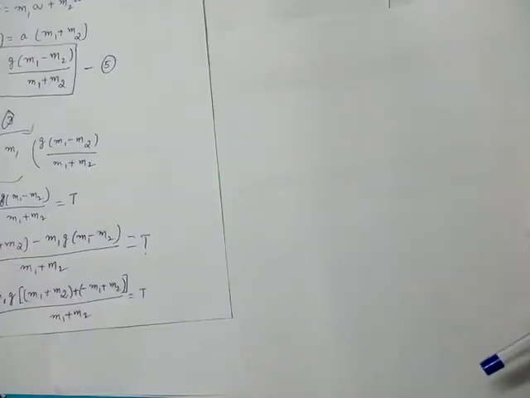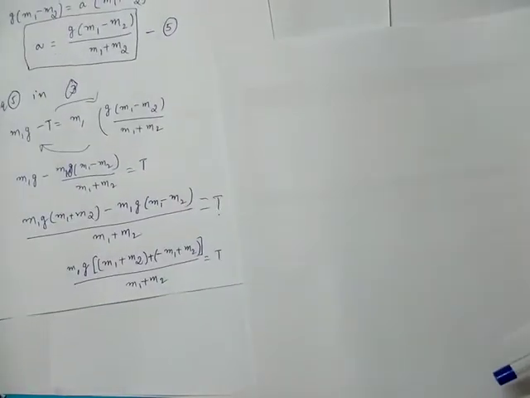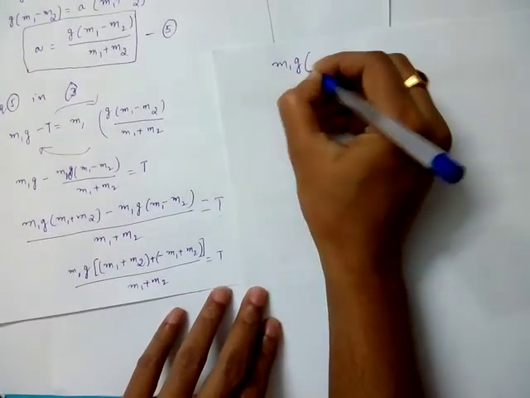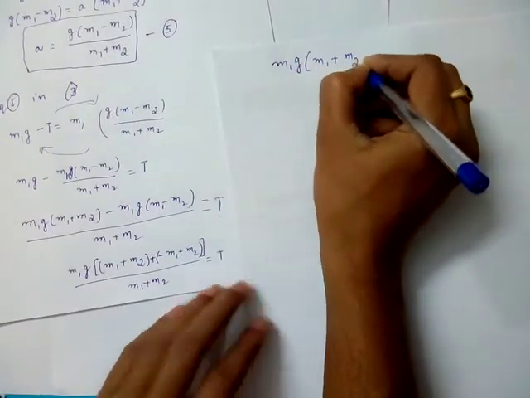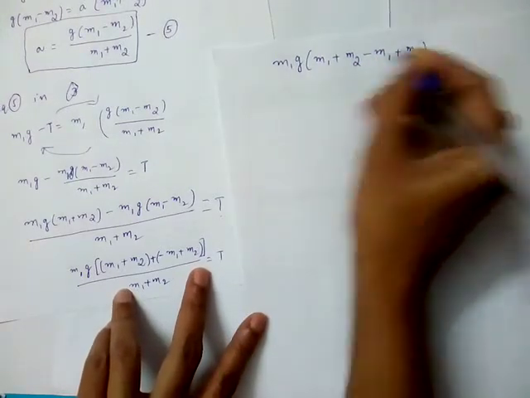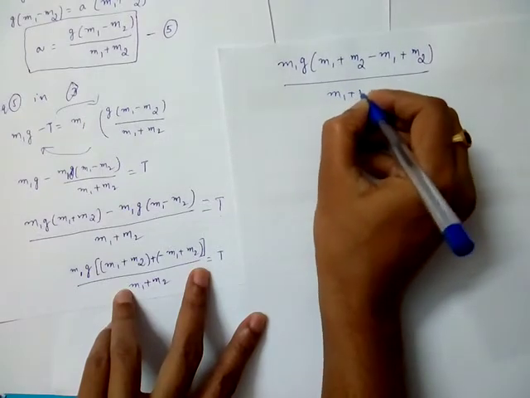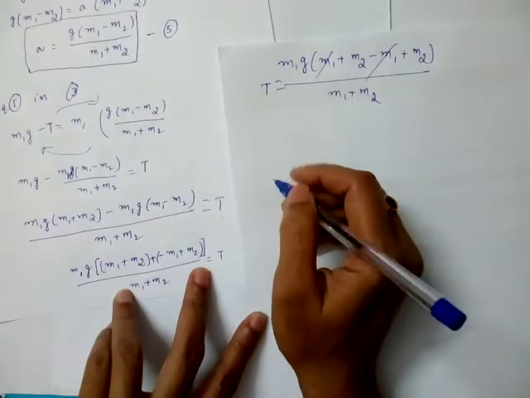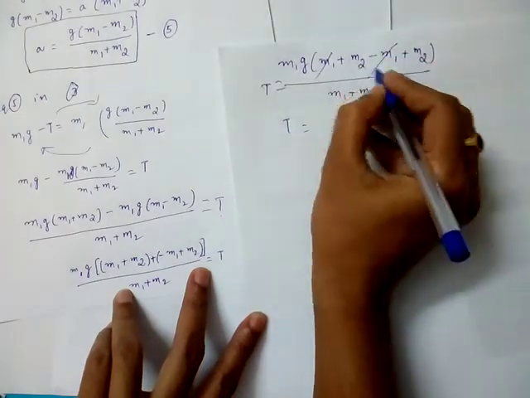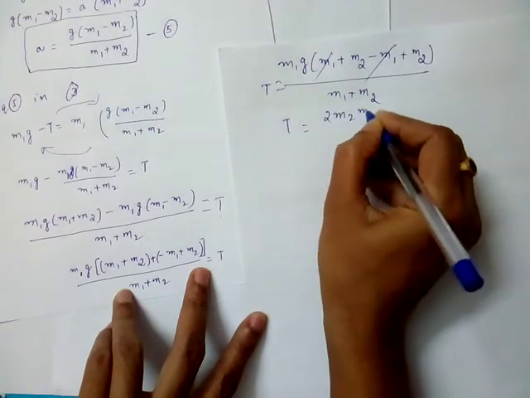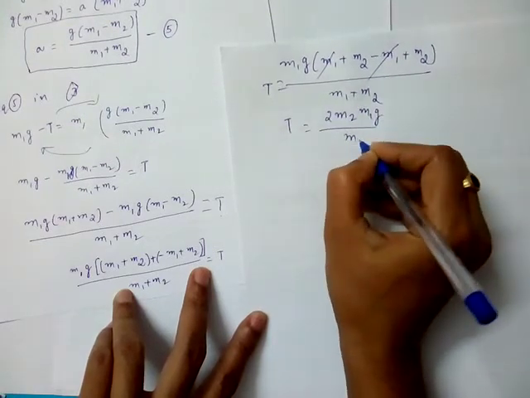So we will just solve this equation. Now see here, m1g into m1 plus m2 plus into minus minus m1 plus into plus plus m2 by m1 plus m2, t is equal to, so m1 gets cancelled, t is equal to m2 plus m2, 2m2, so 2m2 m1g by m1 plus m2.